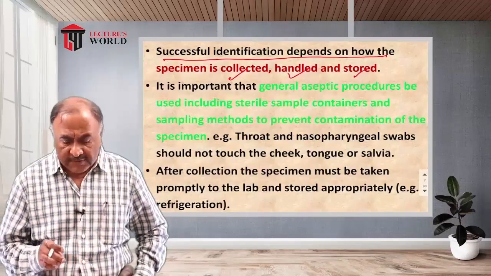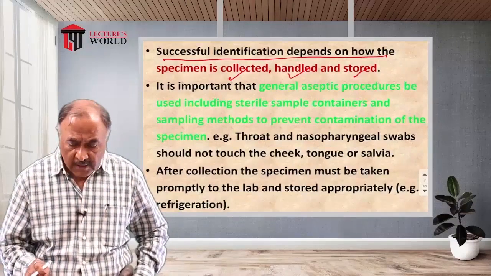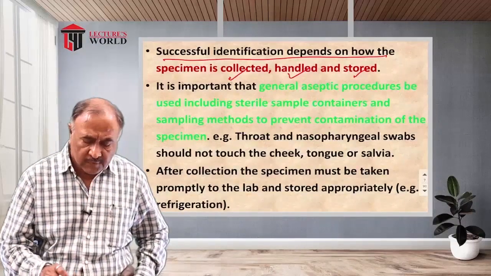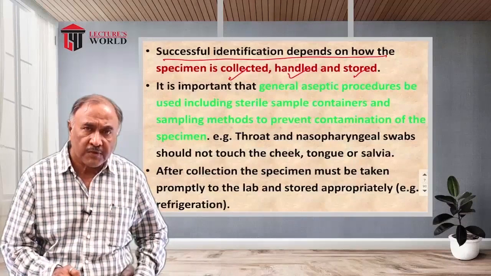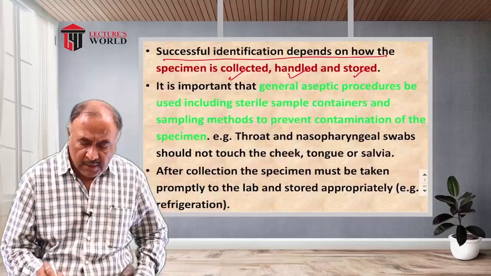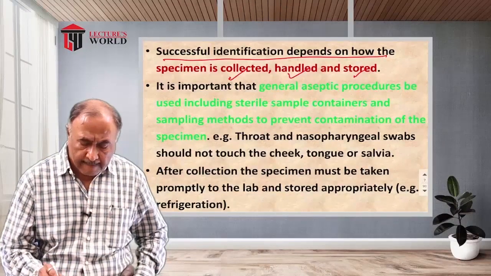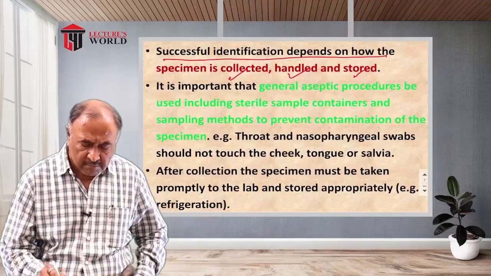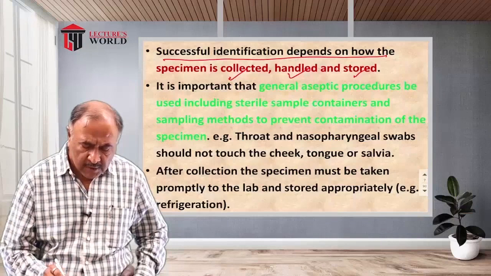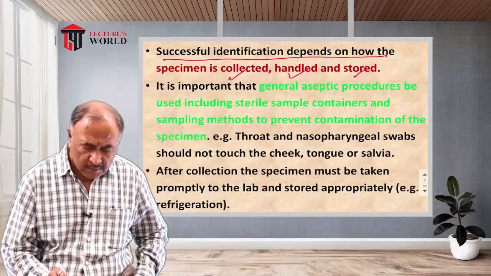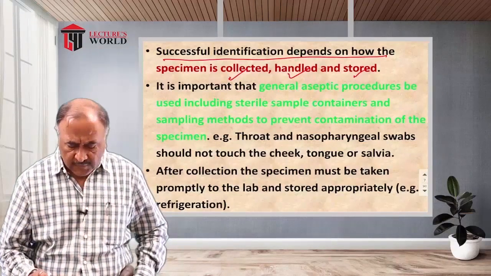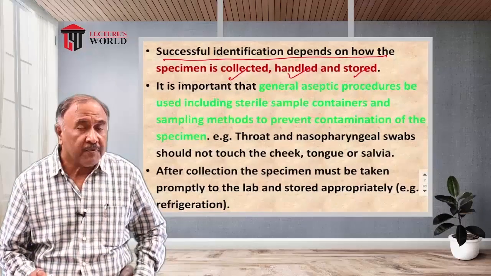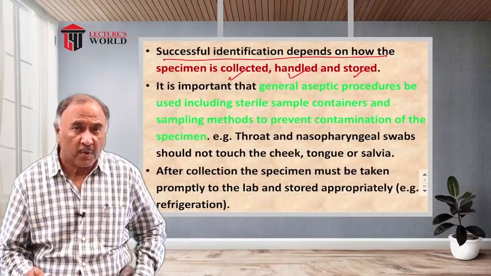From the pus sample, this smear has been made, and it shows the various neutrophils which are lysed, and these are the cocci. This is the one. You can see here. These are the small cocci. And normally they have a shape in the form of diplococci.